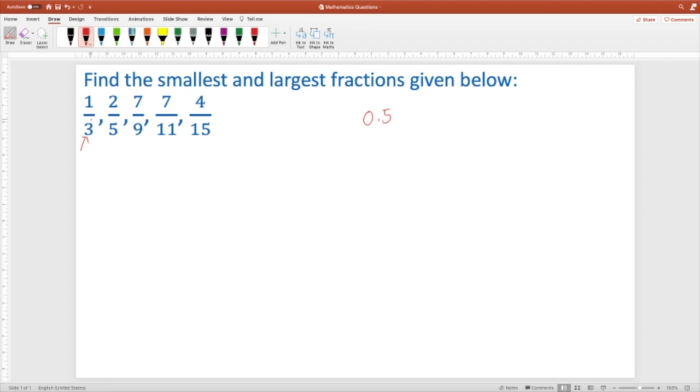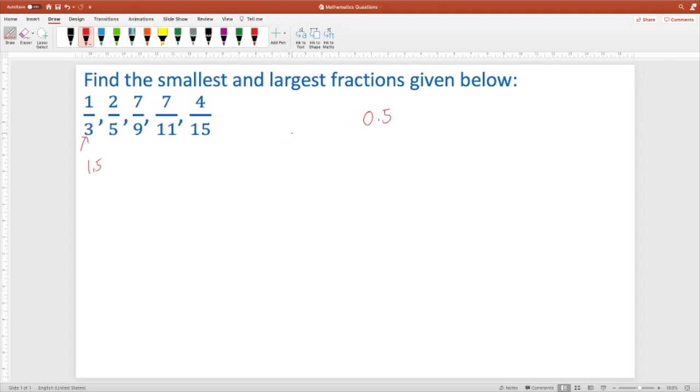Okay, so 1/3. Why is it smaller than 0.5? Because half of 3 is 1.5. So 1 is smaller than 1.5. So this fraction is smaller than 0.5.